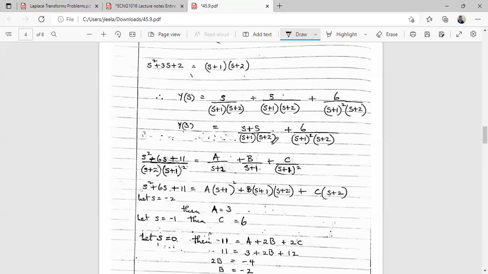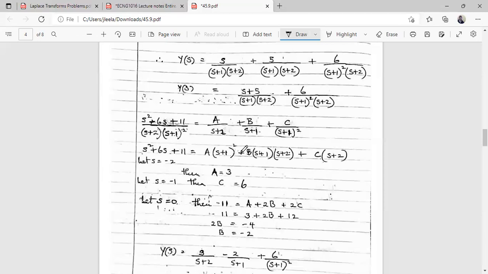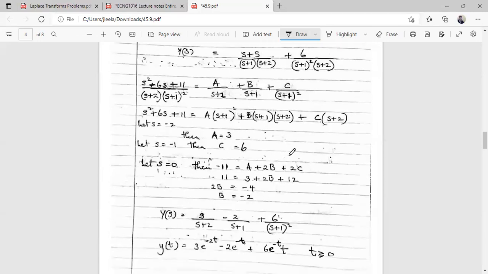And multiplying throughout by the denominator on the left, you'll get s squared plus 6s plus 11 is equal to A into s plus 1 squared plus B into s plus 1 by s plus 2 plus C into s plus 2. And now it's just a matter of solving for A, B, and C.